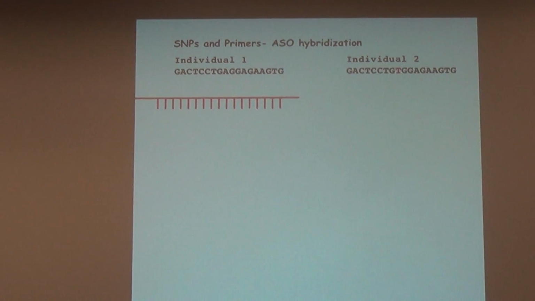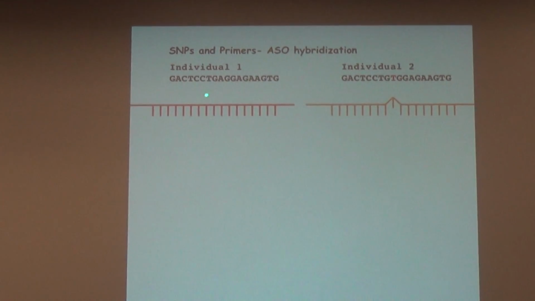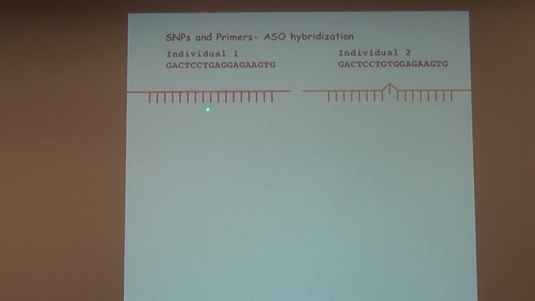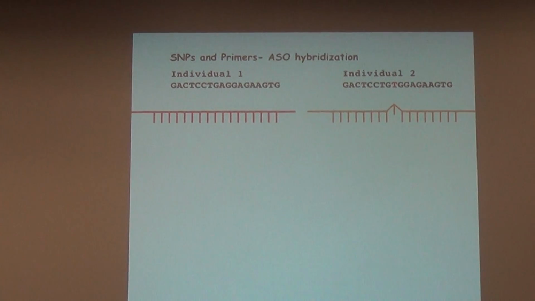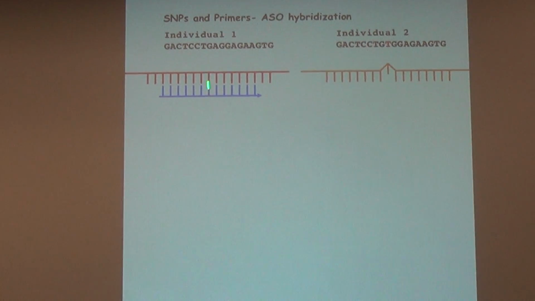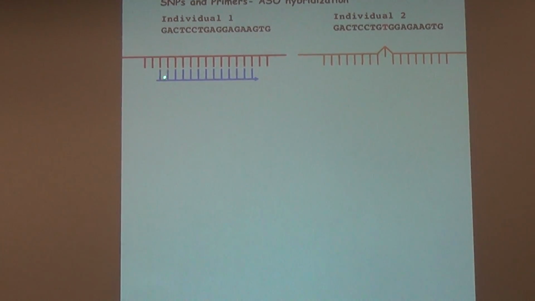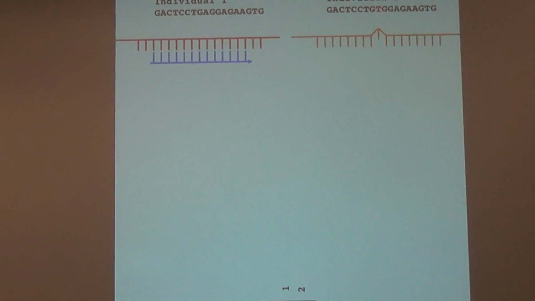And the way you do this is you design primers. So imagine this is one sequence with the A allele, and here is the T allele. That's a little point change. When I make a primer, that's going to hybridize exactly perfectly with this sequence. So it will anneal to it and run through, correct?